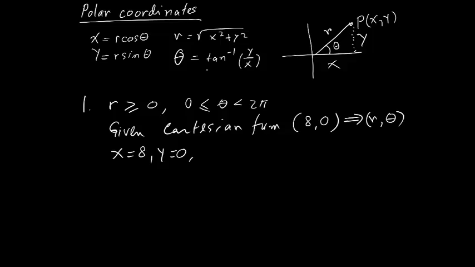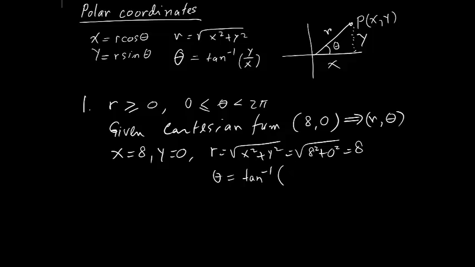So we need to find r and theta. So r will be square root of x squared plus y squared, which is 8 squared plus 0 squared, so you get 8. And then theta will be tan inverse y over x. Tan inverse 0 is 0.